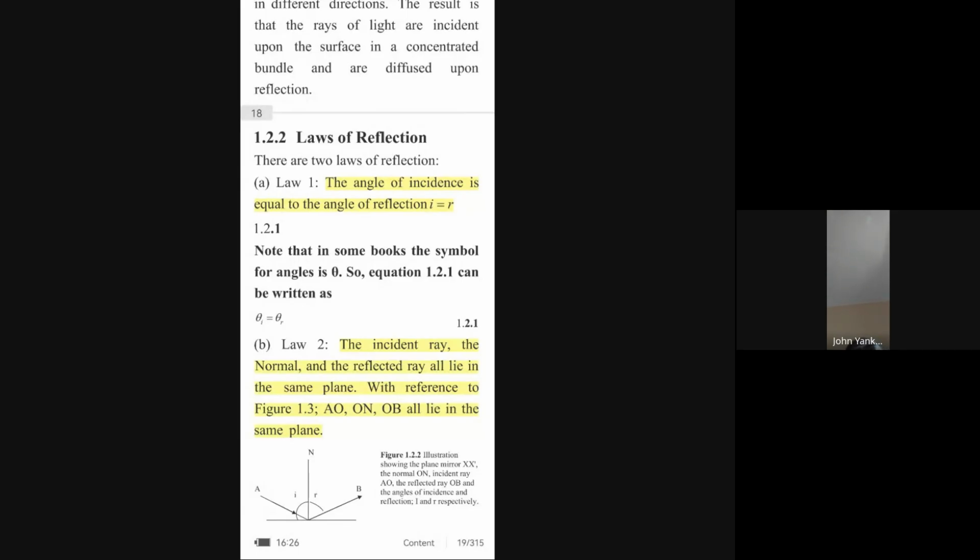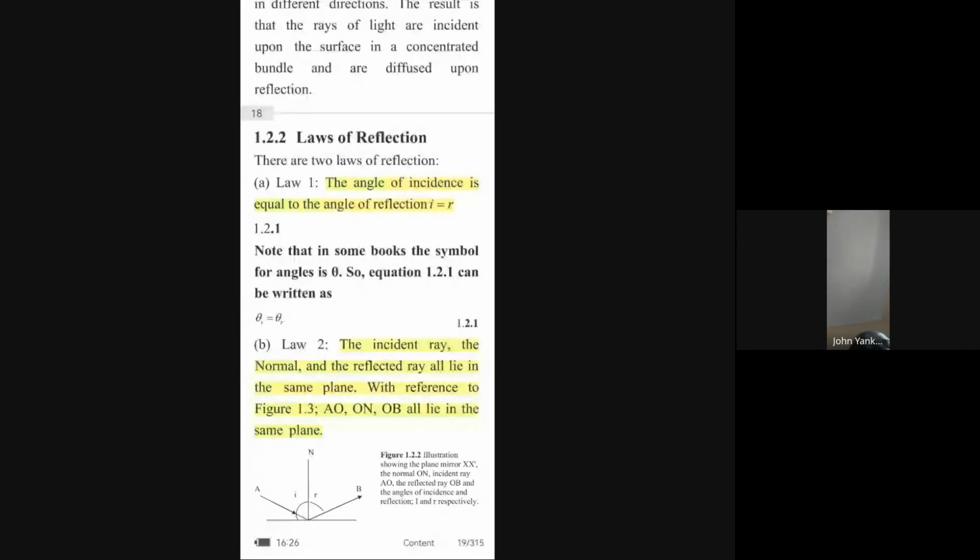When I say plane, I mean a surface. So when you draw all these three rays on your paper, all of them will be lying on the surface of your paper. So all three rays lie in the same plane. That is the second law.